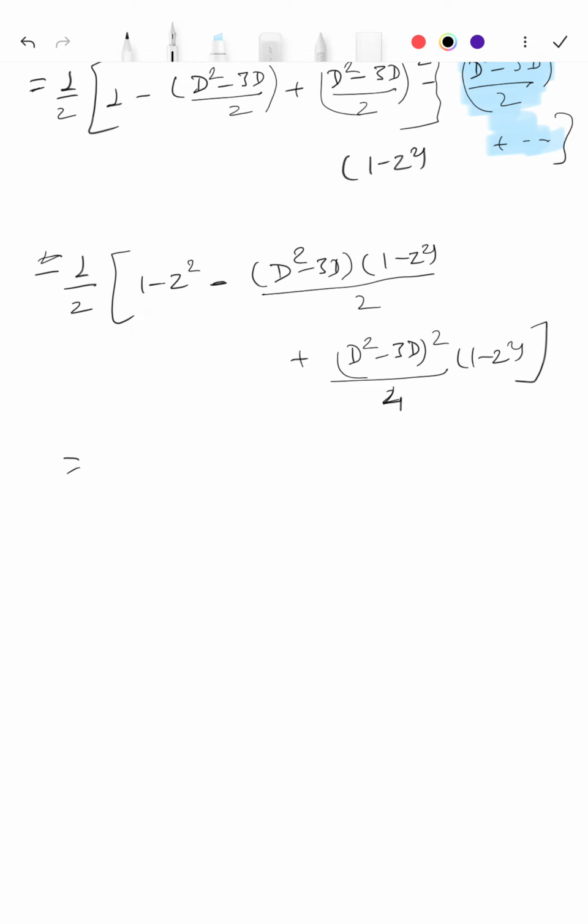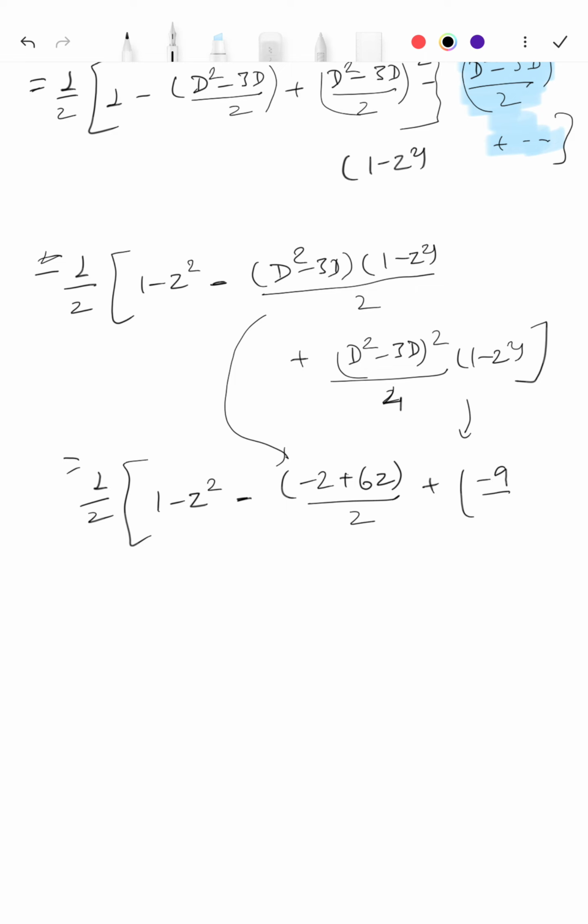So 1 by 2 times 1 minus z square minus, this term gives you minus 2 plus 6z by 2, and the last term gives us minus 9 by 2.